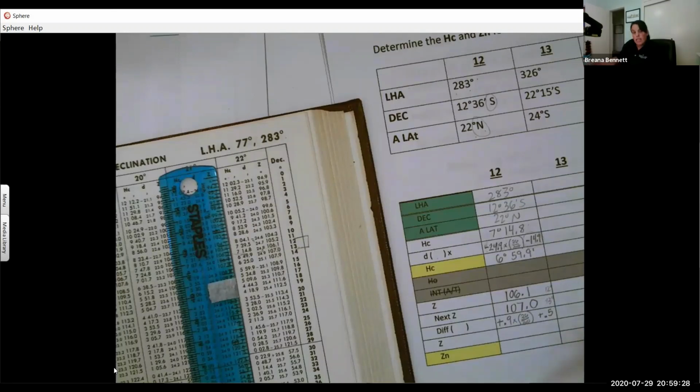Now I'm going to apply that correction to my base, to 12, because I'm 12 36. So I have 106.1 plus my correction to give me 106.6 degrees.